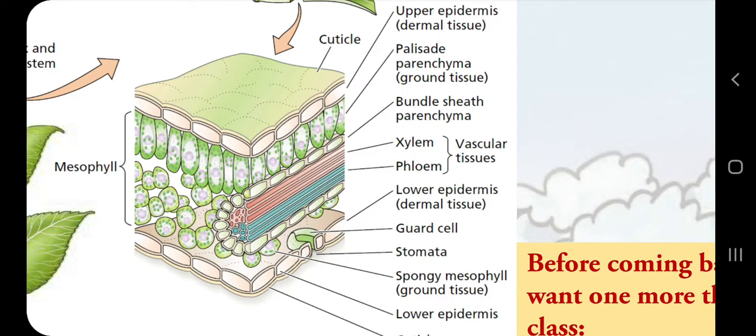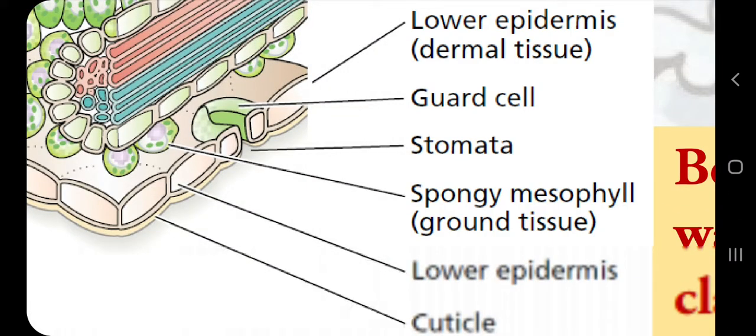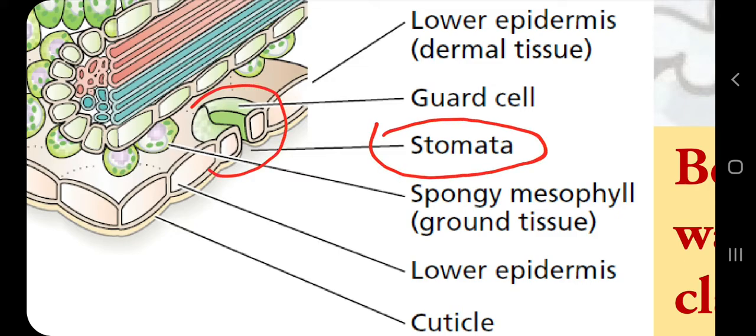And here we can notice another structure, the stomata: tiny holes in the skin of leaves, and there are more stomata in the lower skin. We can see the difference if we observe any plant's leaf: the upper surface is dark green and the lower surface is light green. That light green surface has more stomata in general.